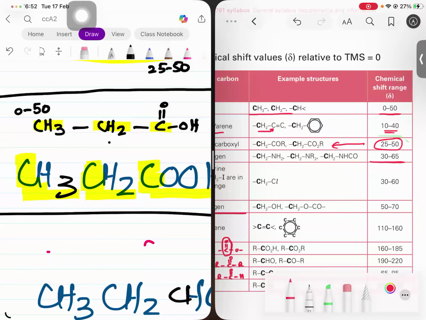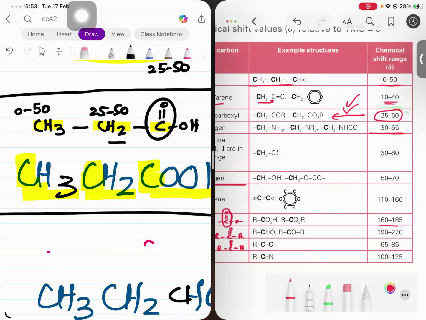The second, CH2, will have the chemical shift value of what? 25 to 50, because you see the third row says that when a carbon is next to C double bond O, that gives the chemical shift value 25 to 50. And the last, but not the least, this C double bond O, which is carboxyl, gives, see below, 160 to 185.